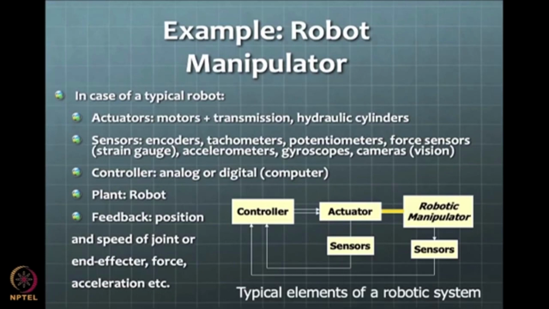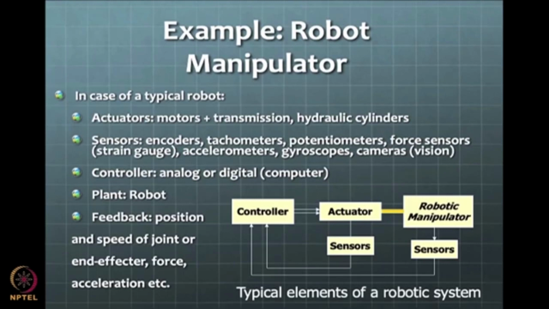Then you can have force sensors. Typically, when you want to grip something with the robot, you need force sensors to sense the gripping force, and you want to grip it without breaking it. Suppose you want to hold an egg, then this will be very useful. Then you may have accelerometers, gyroscopes, and cameras for vision sensing and things like that.